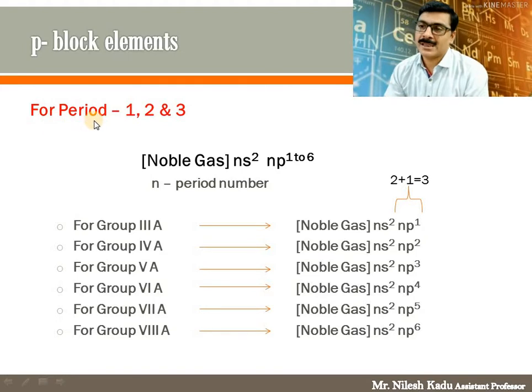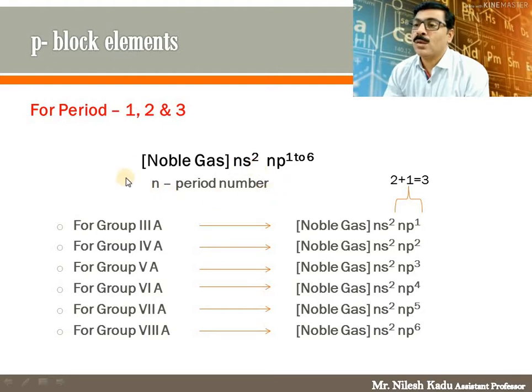When the element is present in the first, second or third period, the general valence shell electronic configuration is noble gas ns2 np1 to 6, where n is the period number.